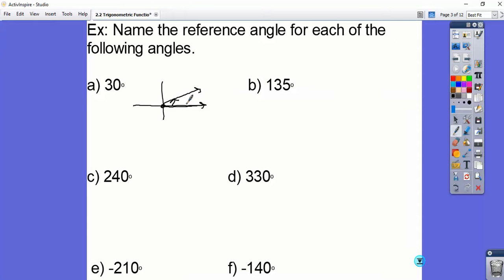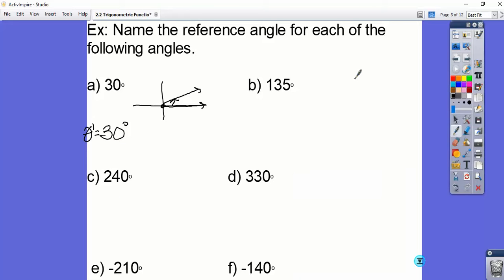So what is the distance to the x-axis there? Still 30, isn't it? If you already have an acute angle in the first quadrant, something between 0 and 90, that is your reference angle. It's not going to change. You could write theta prime equals 30 if you want. The reference angle and the angle are the same there.